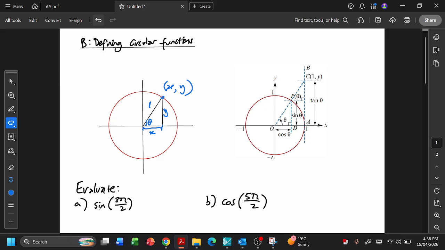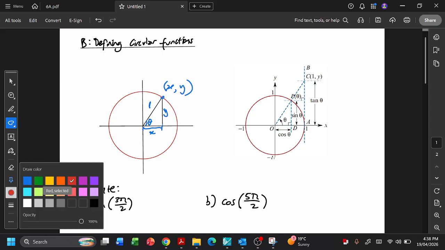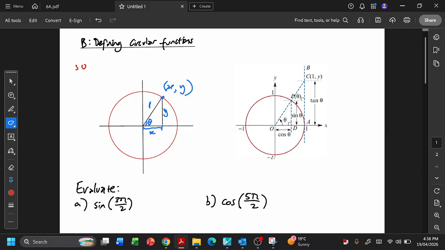To start off, we can remember our knowledge of SOHCAHTOA, which is how we've defined sine, cos, and tan in previous years: the ratio of the opposite to the hypotenuse is equal to sine.